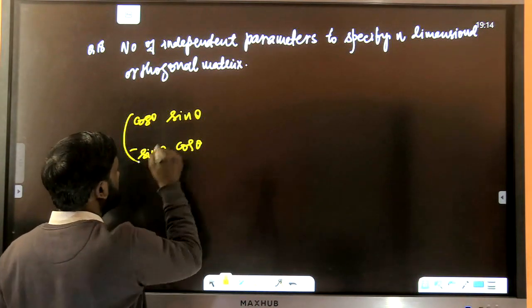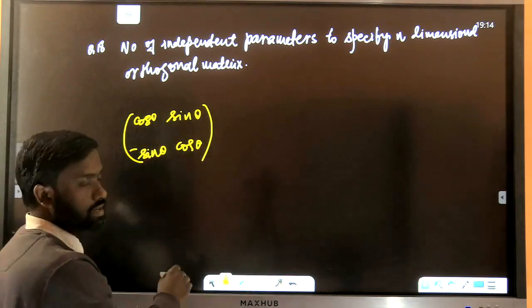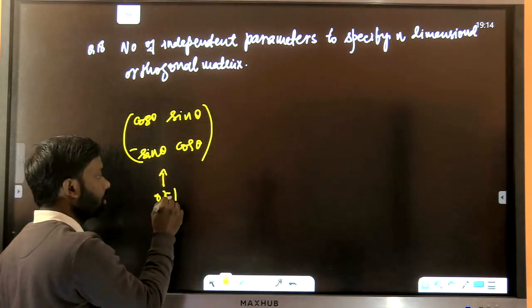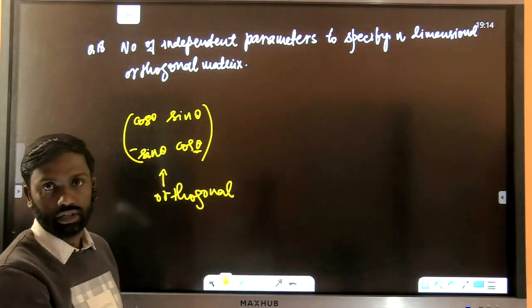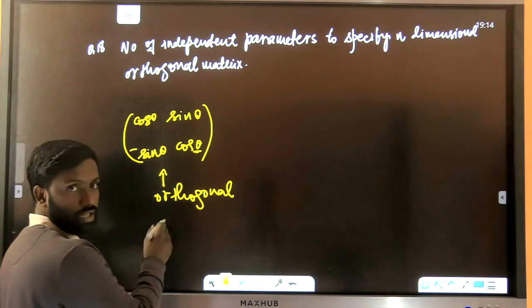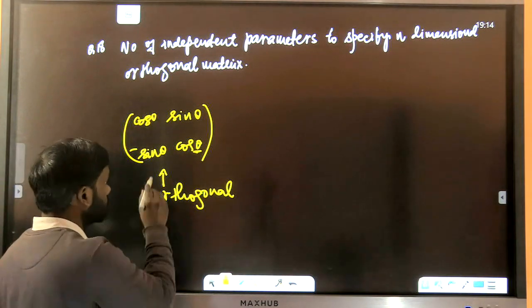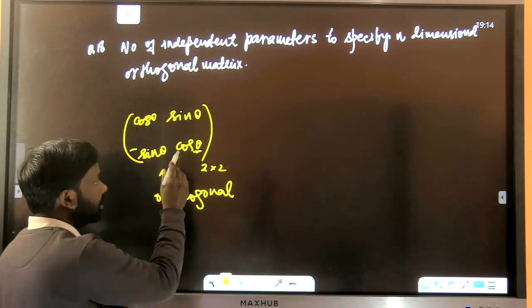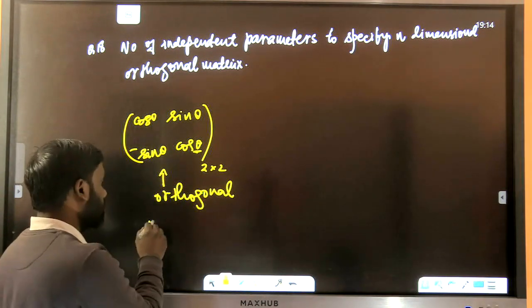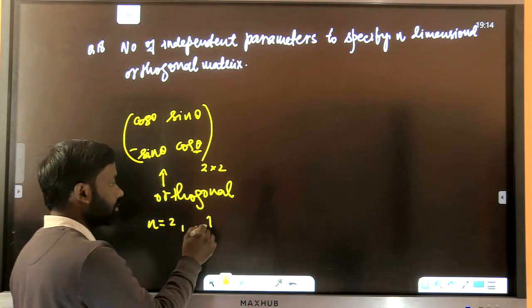This matrix is orthogonal, and you can see it is written only in terms of one parameter theta. So when you are writing a 2 cross 2 orthogonal matrix, you need only one parameter.